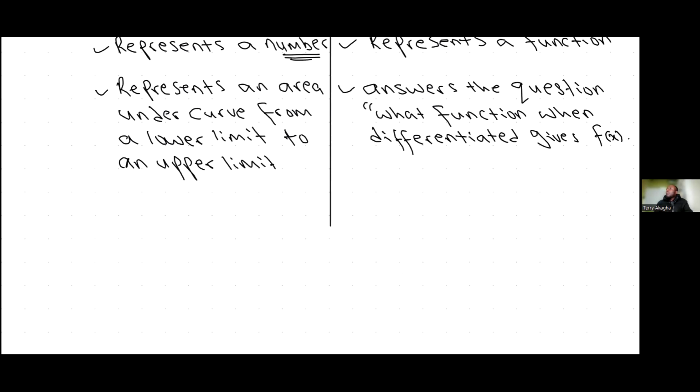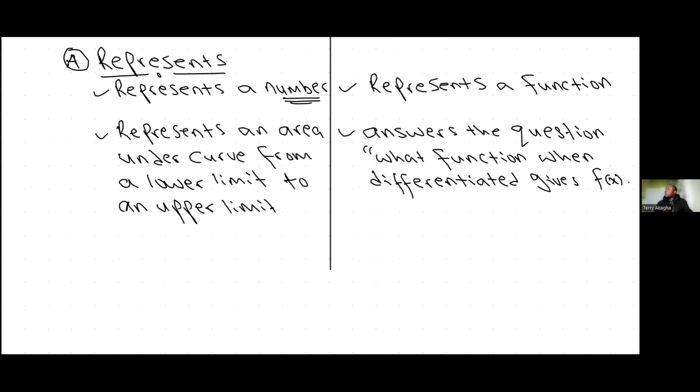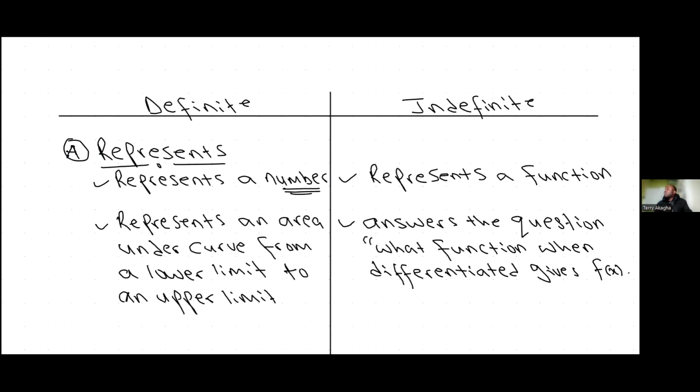Another thing is that I can talk about this in terms of characteristics. So I'm going to go to the next page to do this. I'm going to draw a line as well.